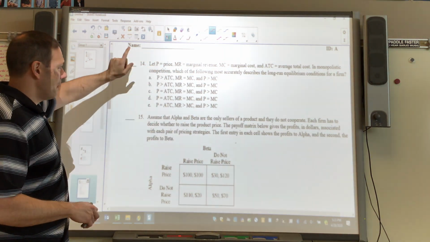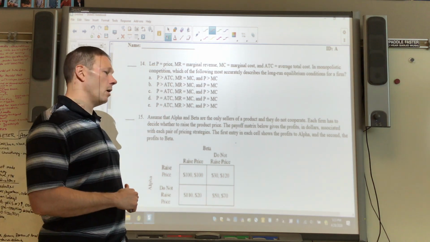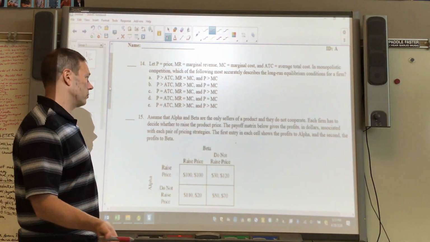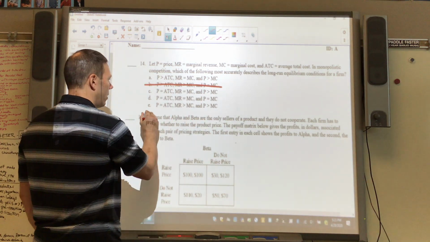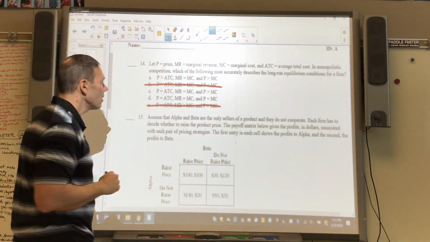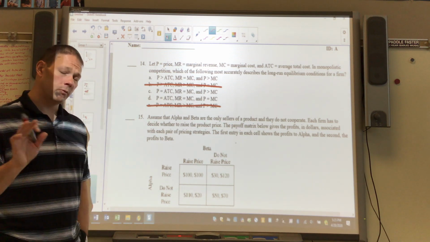In monopolistic competition, which is going to be true in the long run? Well, we know that they're always going to produce where MR equals MC, right? So we can automatically cross off B, because their MR is greater than MC, as well as E. All right, what else do we know about the long run? We know in the long run they break even.